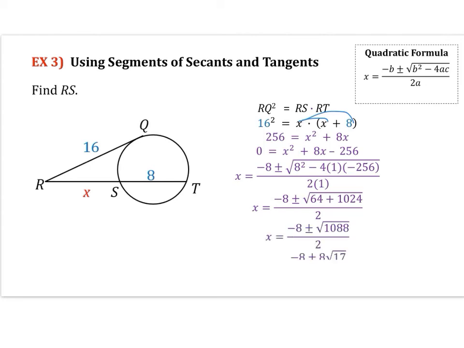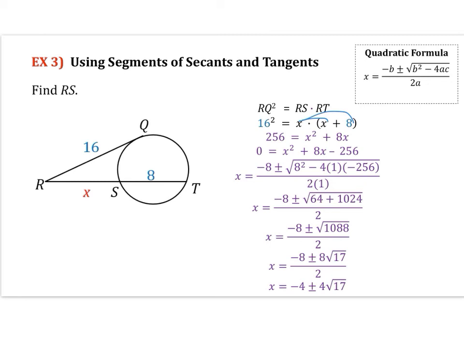Then do your arithmetic step by step, resulting in x equaling -4 plus and minus 4 square root of 17 by the time you simplify all of the radical.